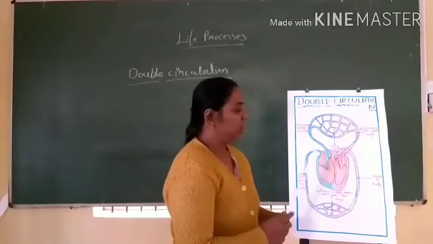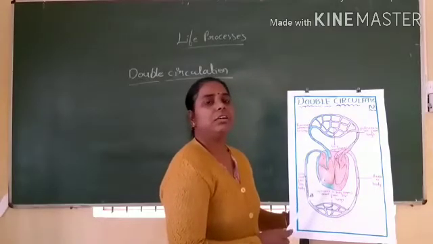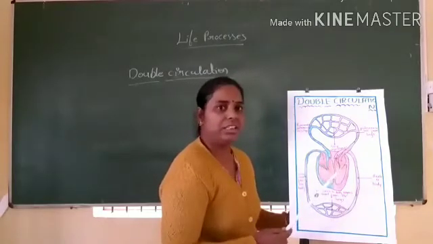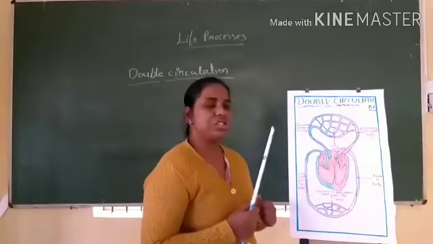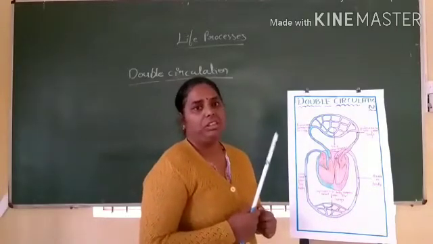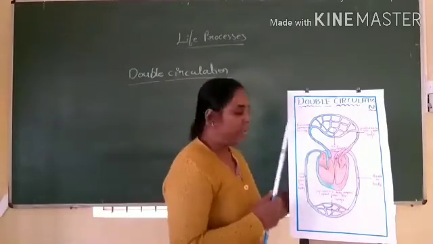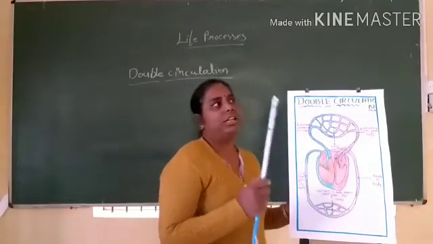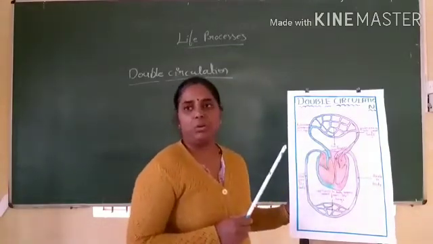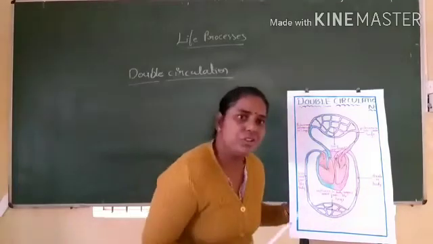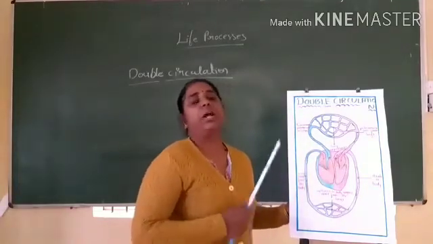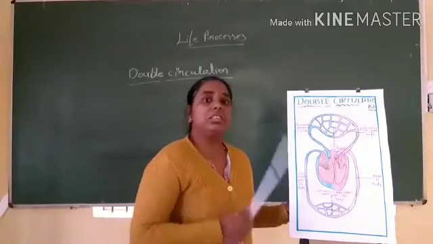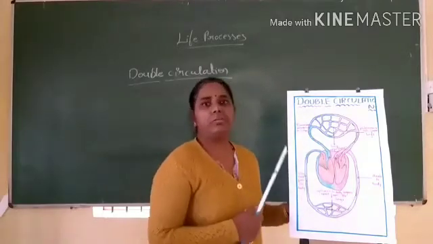Why? Because birds and mammals require lots of energy to maintain their constant body temperature. See, when you go to the Himalayas, if the temperature there is 0, you cannot reduce your body temperature to 0 to adjust to that environment. Instead, you have to maintain your body temperature.